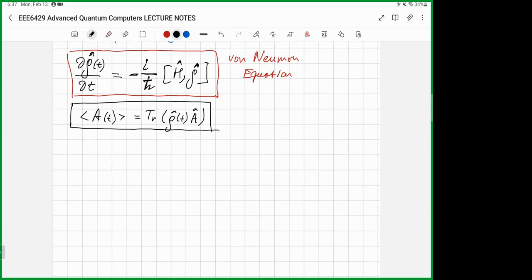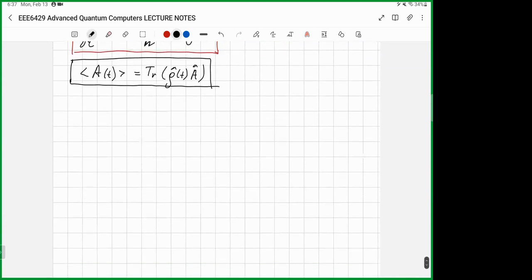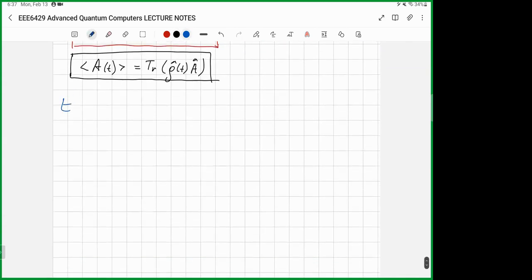Okay, so let's consider an example now. As an example, let's take the simple two-level system dynamics.